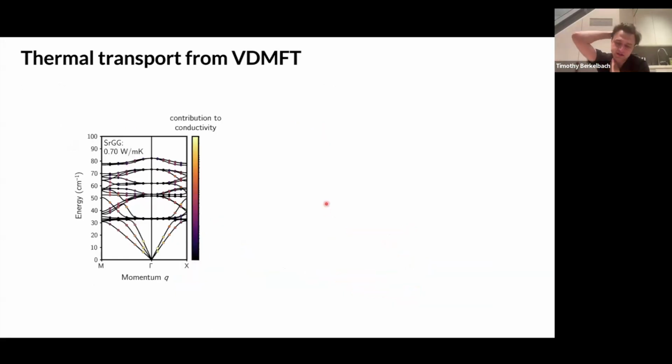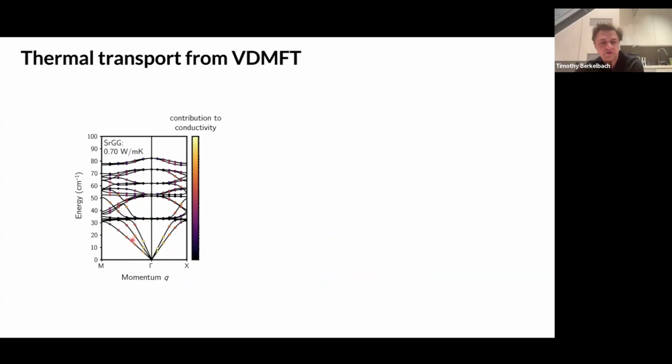I won't go into the details of this data, but we can easily go in and analyze the contributions to the conductivity throughout the Brillouin zone. So we can make plots like this one. This is the phonon band structure, and the coloring on these symbols tells you what is the contribution to the conductivity from a phonon mode at that frequency and wave vector.